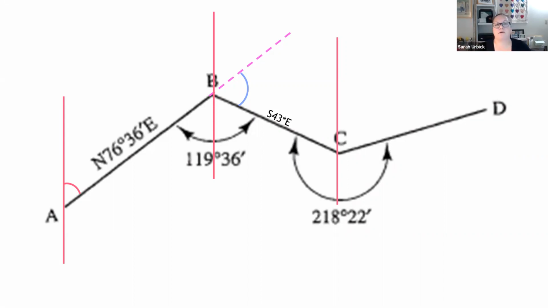So how do we go about finding B? How do we find what our angle is from north or south when we get to B? There are different ways to go about it.